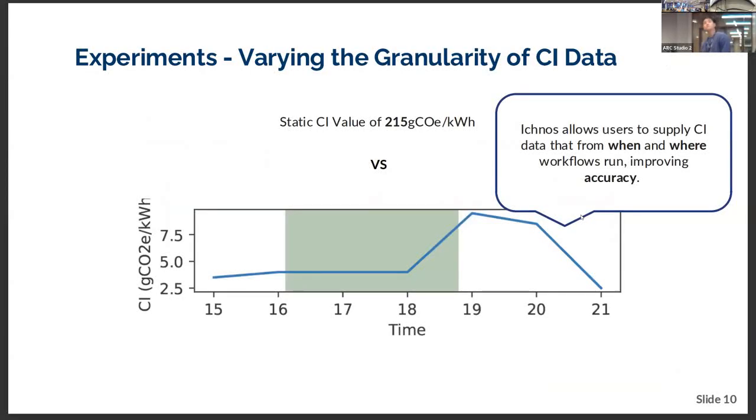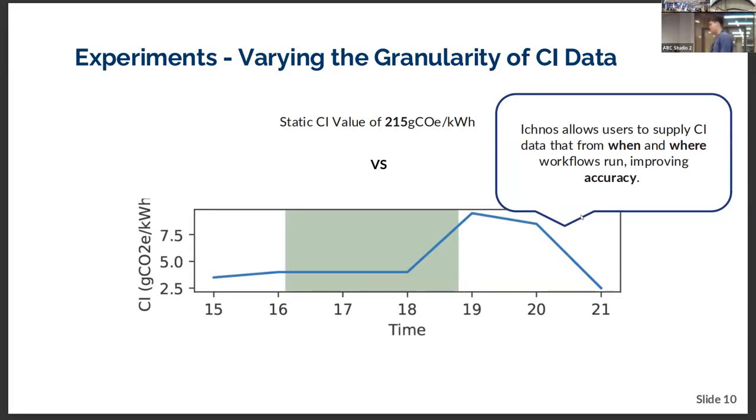And our final experiment looked at the impact of using accurate carbon intensity data. So we could use the 2023 average carbon intensity for the UK, which was 215 grams of carbon emissions per kilowatt hour, compared to the actual carbon intensity reported by the National Grid for this region in Scotland, which ranged between 2 and 8 grams. And the green box is when the workflow actually ran.